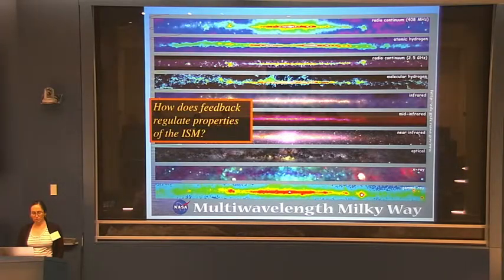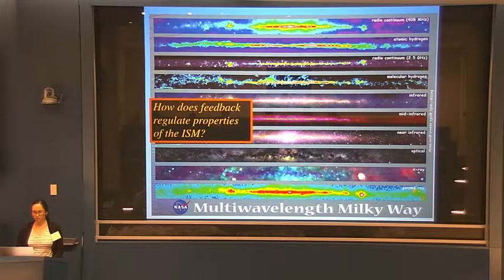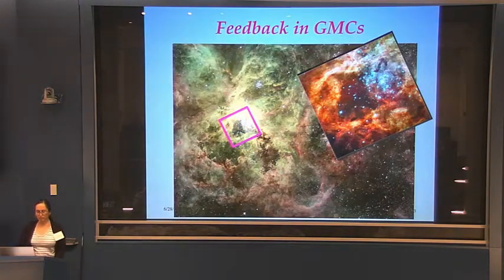Okay, so of course, star formation is important. The feedback is important to the properties of the ISM as well. So really, as I'll be arguing, we need to think about the star-forming ISM as a single self-consistent ecosystem. The star formation is an inherent part of how we understand the interstellar medium. So let me now start with a discussion of how feedback works in individual giant molecular clouds.